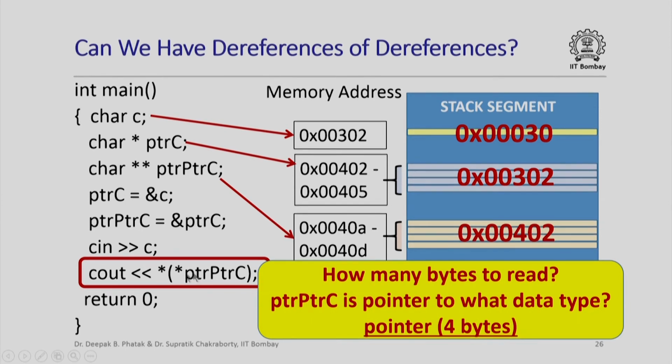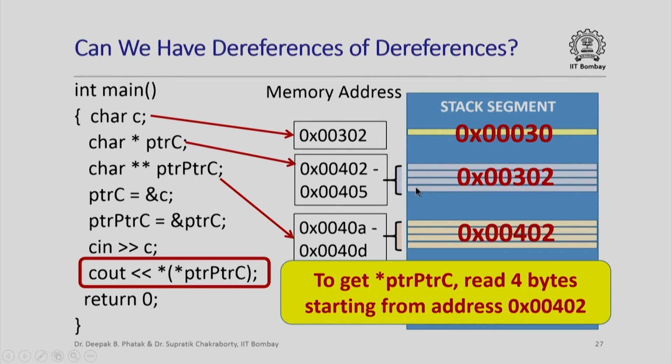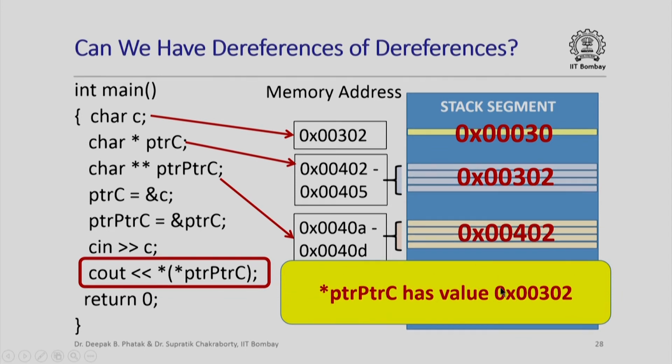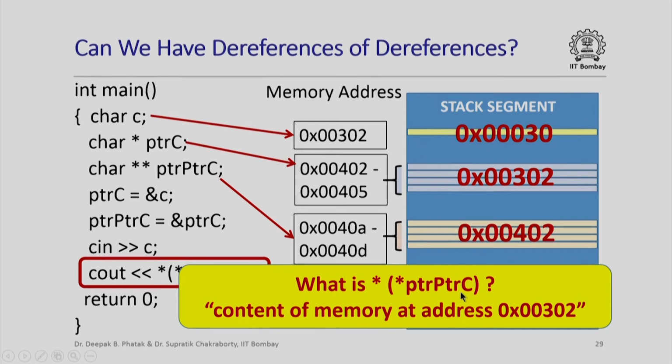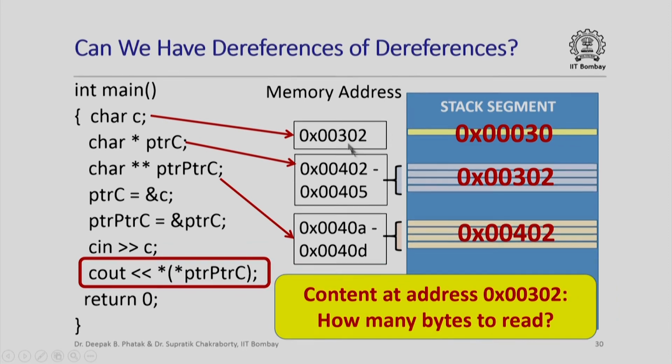So when I do *pointer C, I will have to find the value of pointer C, go to that memory location, and because pointer C is a pointer to an address, I have to read the 4 bytes to get the address. So I will read the 4 bytes and get the value hex 00302. Now once I have obtained that *pointer C is hex 00302, what is the content of the memory at address hex 00302? Once again I have to go to that memory location, and how many bytes should I read now?